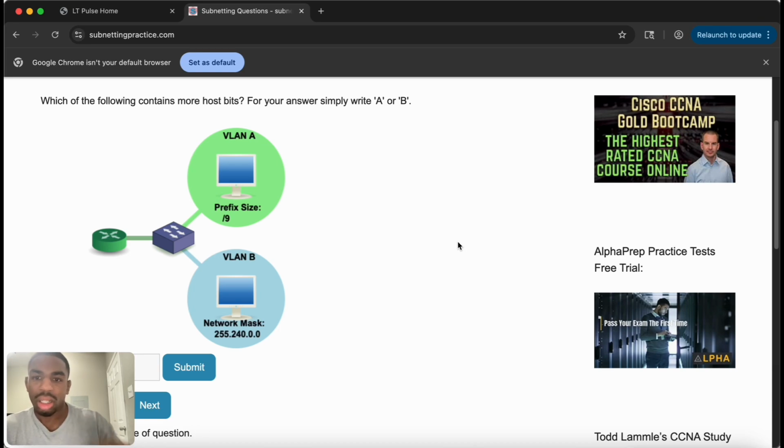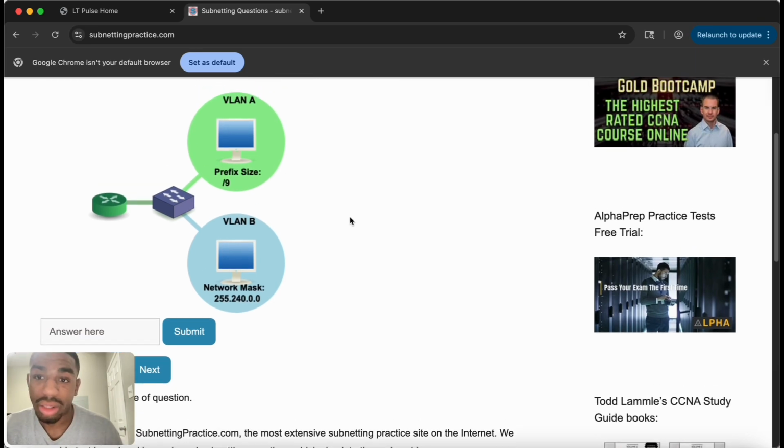Because the prefix length of this only gives you 255.128 because there's 9 network bits, and this gives you 255.240. So my bad, VLAN A definitely has more host bits. Only 9 of the bits belong to the network, so that should be the answer.